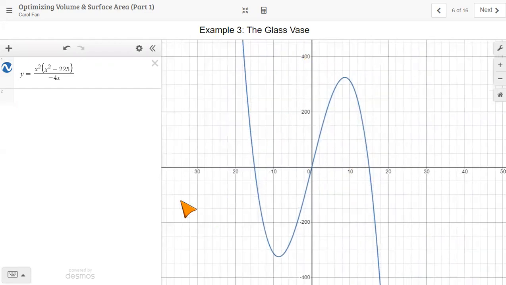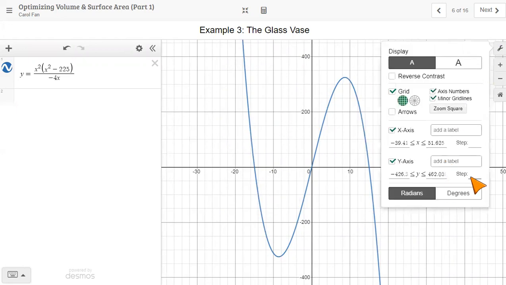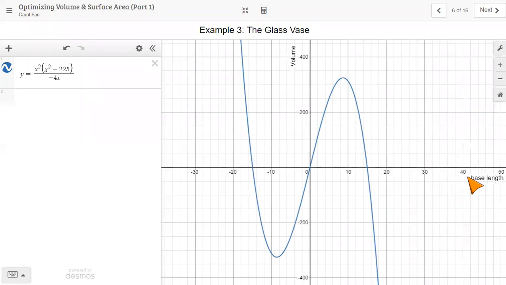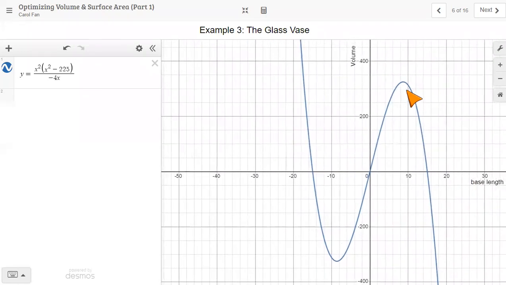But once again, I am not going to take quadrant 2, 3, or 4 into consideration because I can't have a negative volume. I also can't have a negative base. Okay, I've labeled all this.